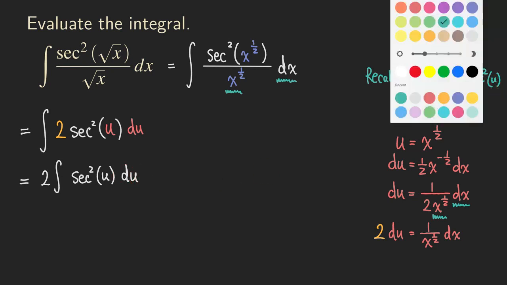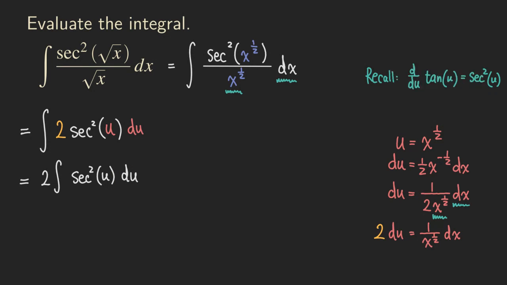And so now we can actually just come up with the answer. So we get 2 times the tangent u right there. And then of course we have the plus c. That's not finished yet. We just need to do one more cosmetic change for this problem here. The u is actually x to the 1/2.